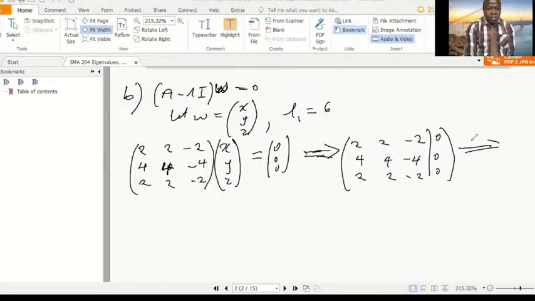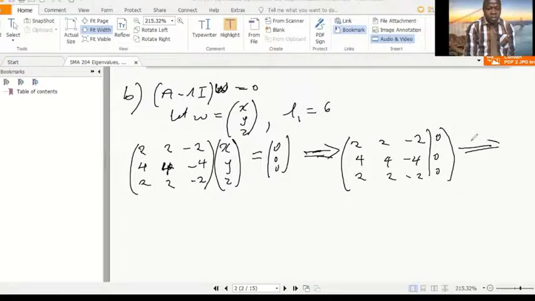I also want a new row 3, which will be the current row 3 minus 2 row 1. So when I do that, row 1 remains where it is, but this becomes 0, 0, 0, 0, and this also becomes 0, 0, 0, 0.